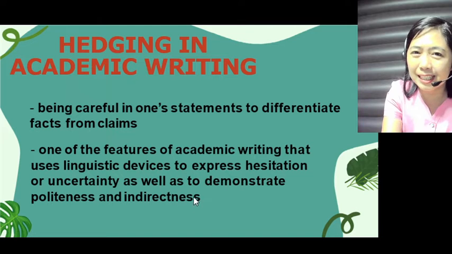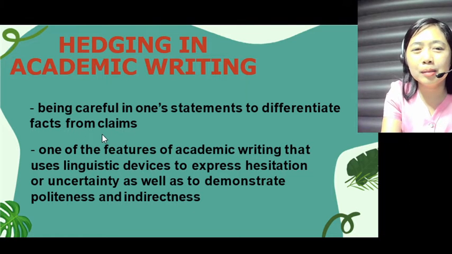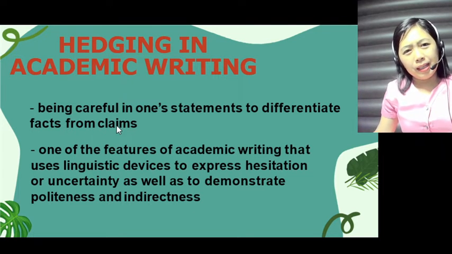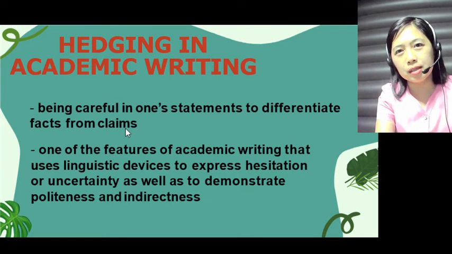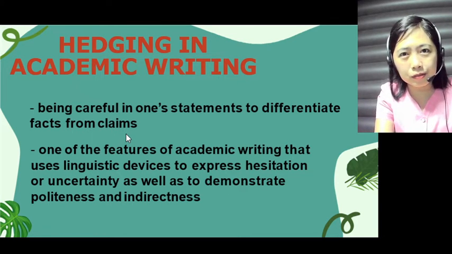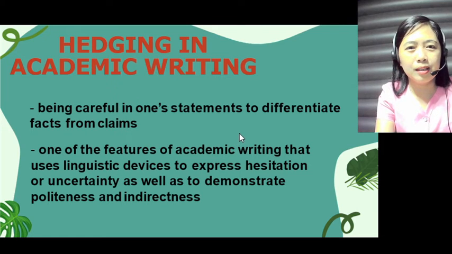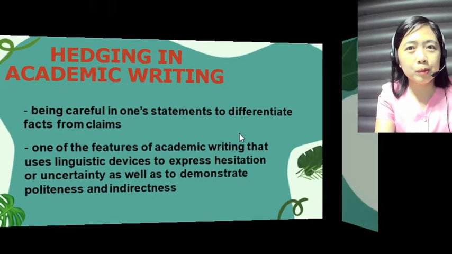When we make claims, we need to differentiate them from the facts, because sometimes we forget that what we are doing has already become subjective. Our point of view can become subjective, so we always have to bear in mind that it should be an objective point of view. So always be careful with the words you use.